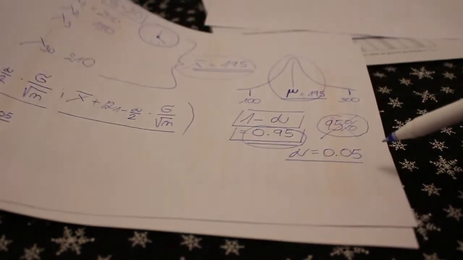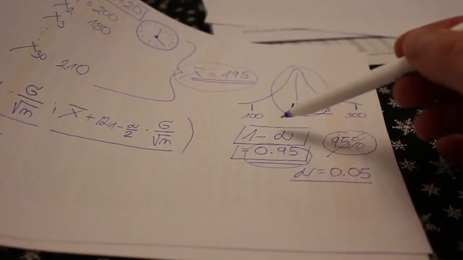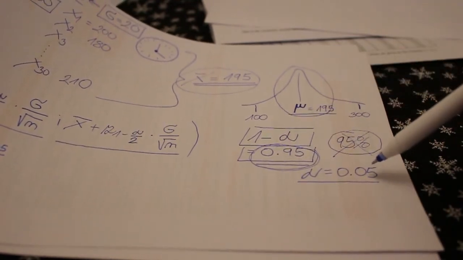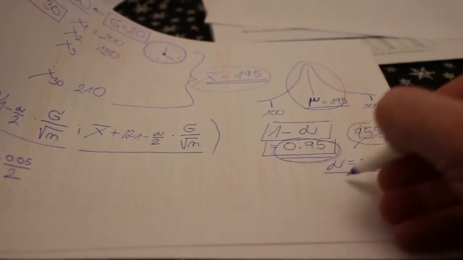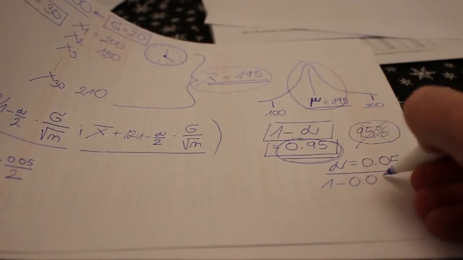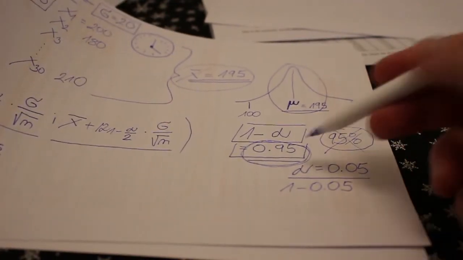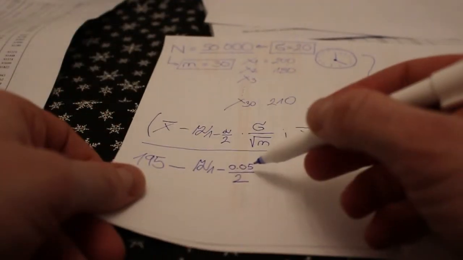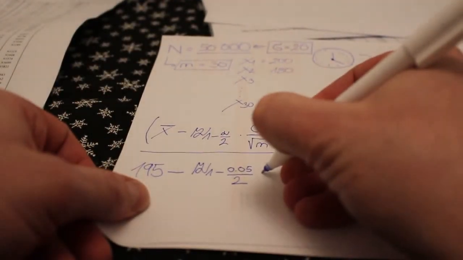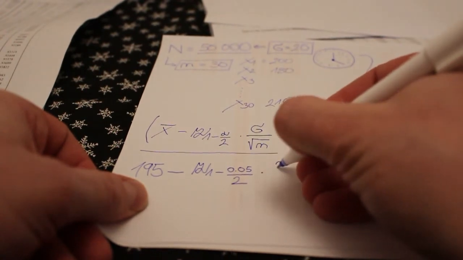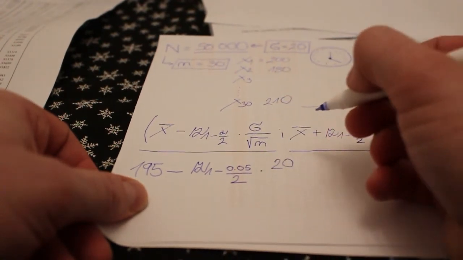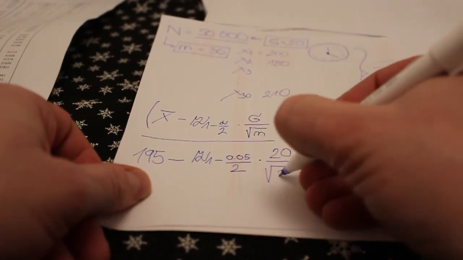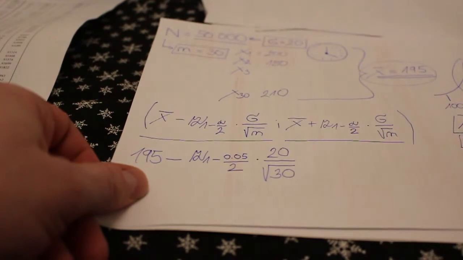Alpha is written here, 1 minus alpha, the confidence, is equal to 1 minus 0.05, which is 0.95. So you know alpha, times sigma 20 days divided by square root of the random sample of 30 batteries.